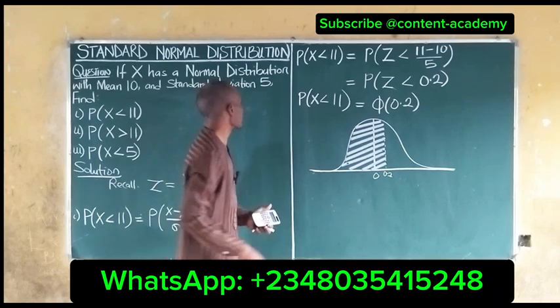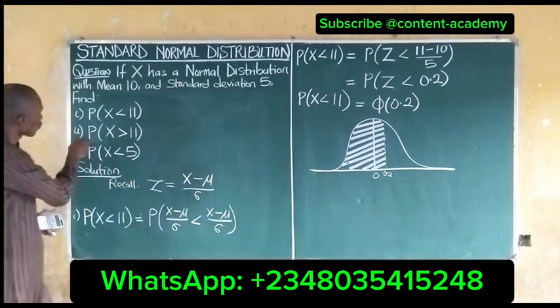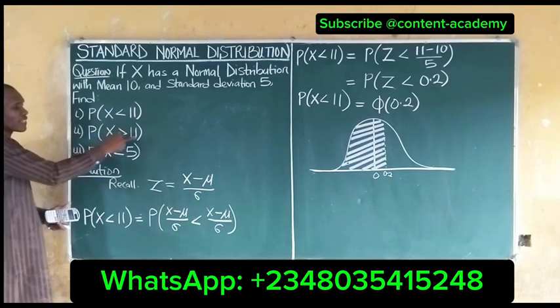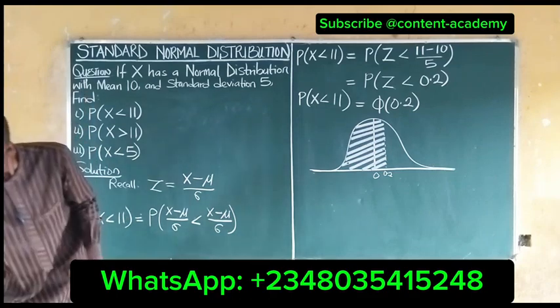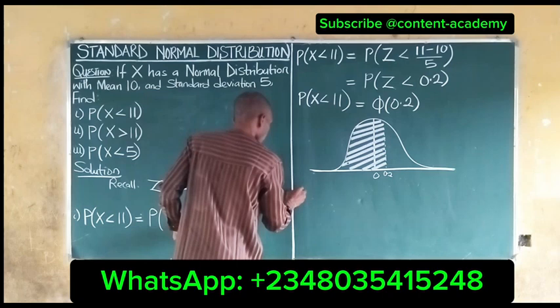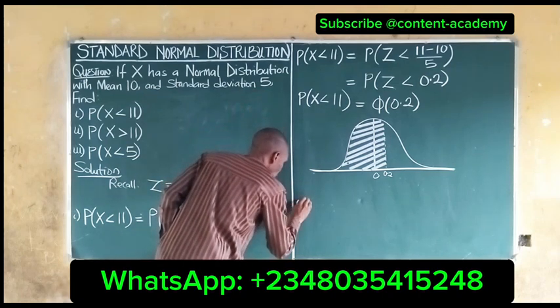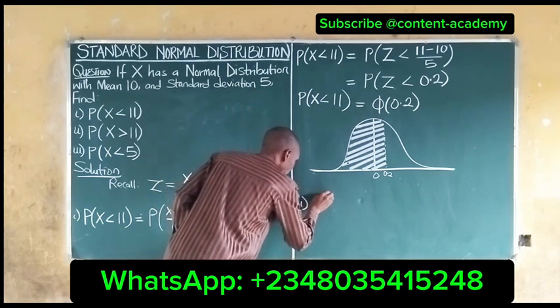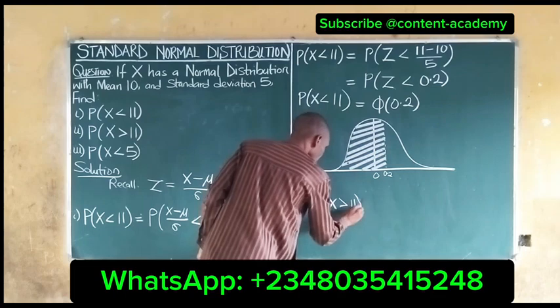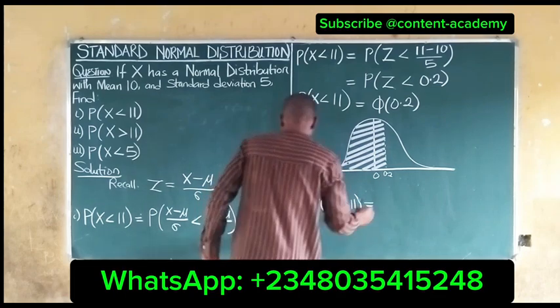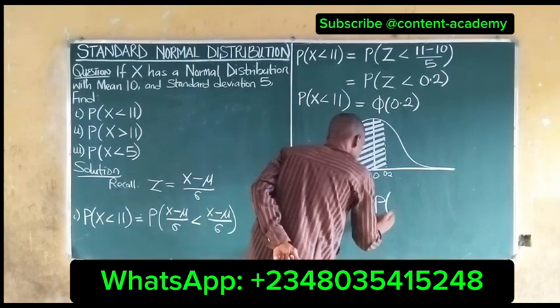The next question is to compute the probability of X is greater than 11. So we'll do that immediately. The probability of X is greater than 11 is equal to just what we have already written.